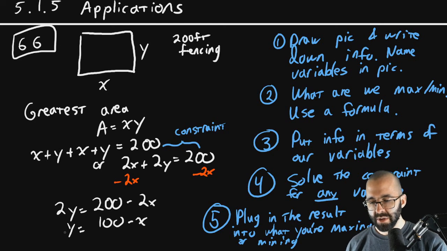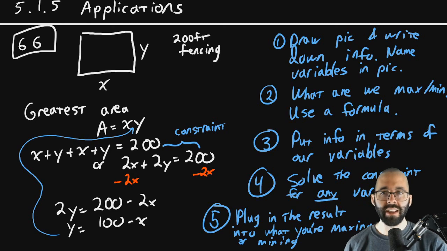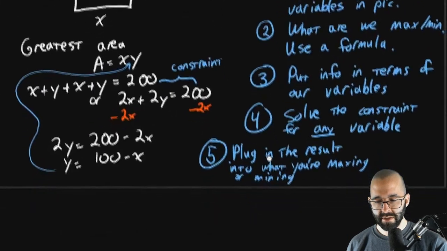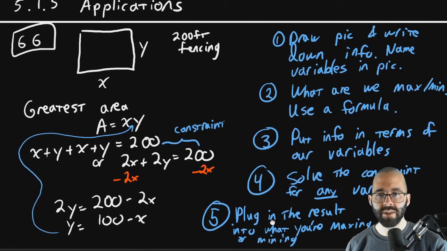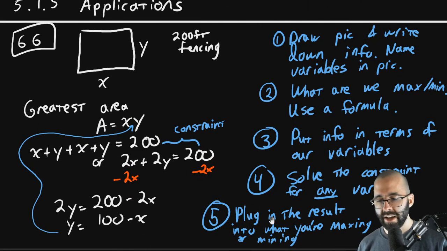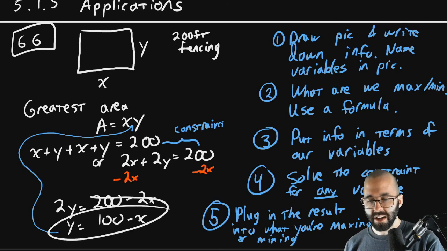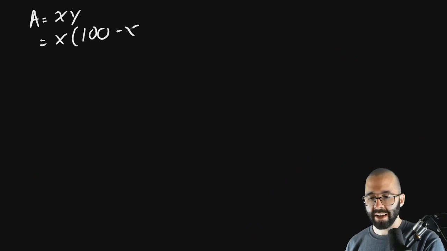That means if y is equal to this, we're plugging that into y. I really do want this all on the same page here. We'll use the next page. So plug that in. Area is x times y, but we also know that y is 100 minus x.